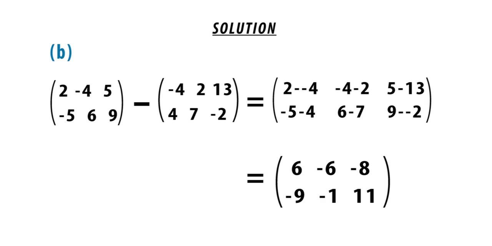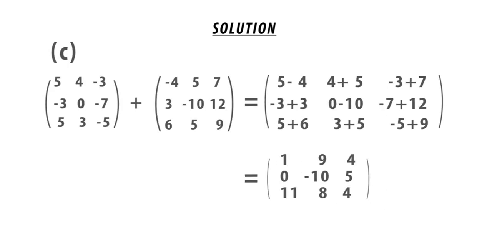We are taking the solution for the third one. We have the matrix 5, 4, negative 3, negative 3, 0, negative 7, 5, 3, negative 5, plus the matrix negative 4, 5, 7, 3, negative 10, 12, 6, 5, 9.